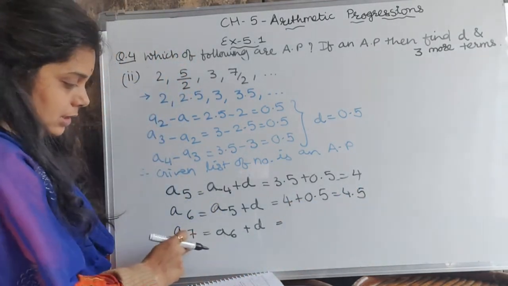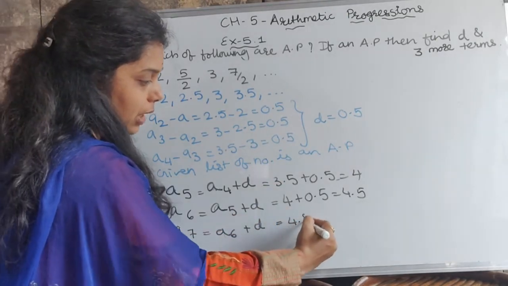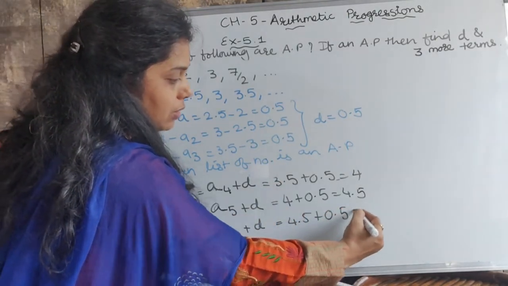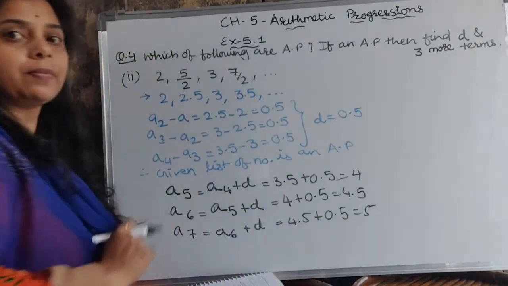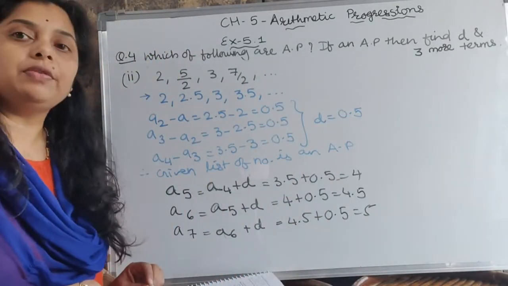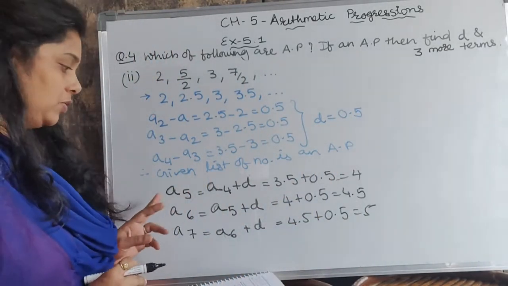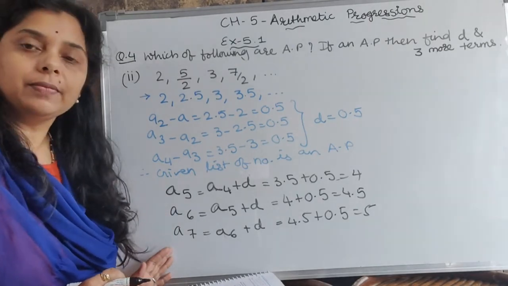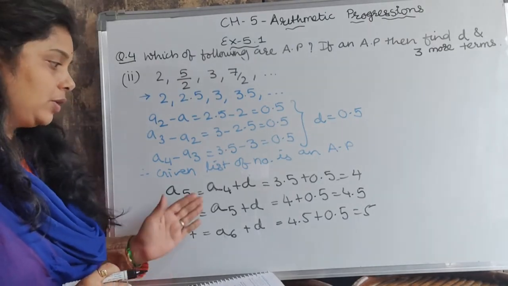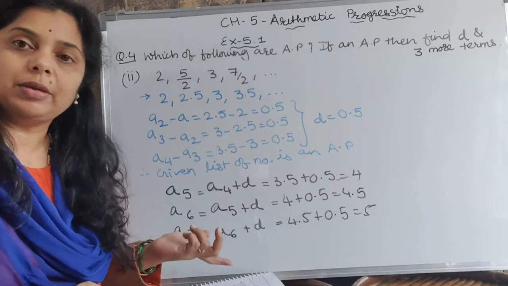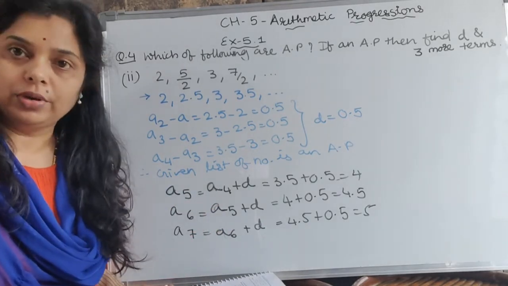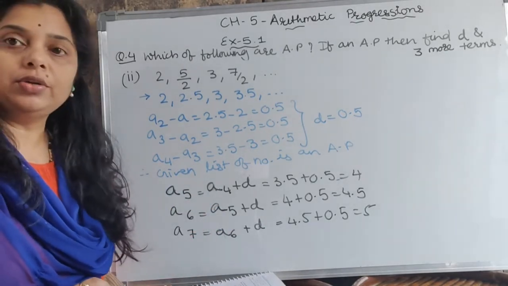And again A6 is equal to 4.5 plus 0.5 is equal to 5. Is it clear? By this way we can get the values of A5, A6 and A7. Either you can do this method or that method, A plus 4D. Both are okay. Okay, let's continue with the next one.